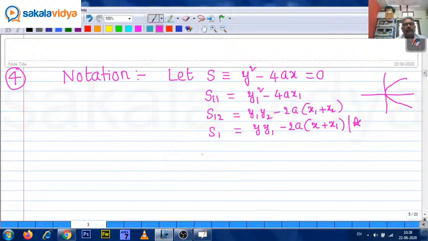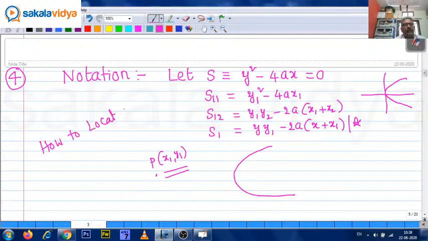Next, for example, if you take a parabola like this, take any point, say P(x1, y1). Now, how to locate P with respect to y square is equal to 4ax? This is the question.